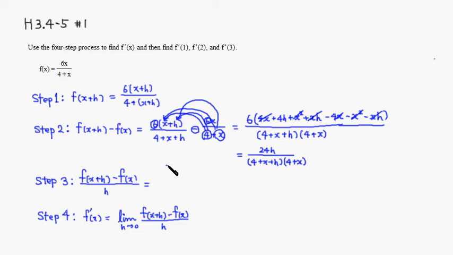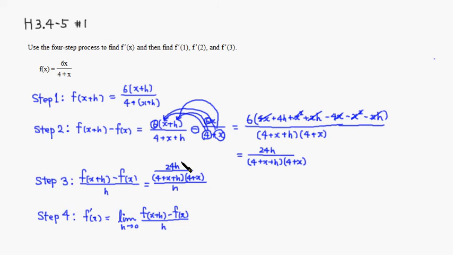So you have 24h over quantity 4 plus x plus h times quantity 4 plus x, divided by h.